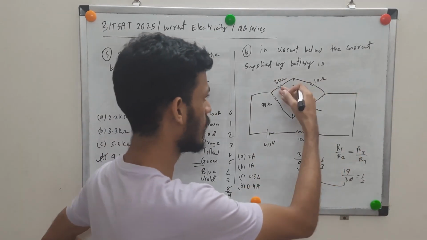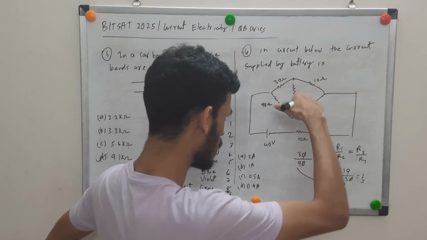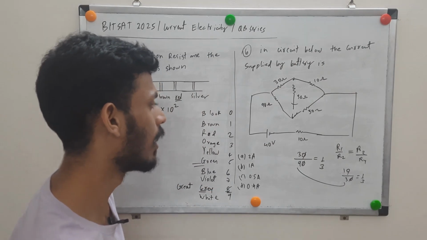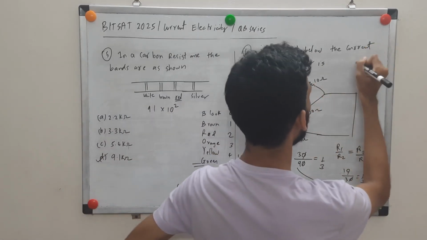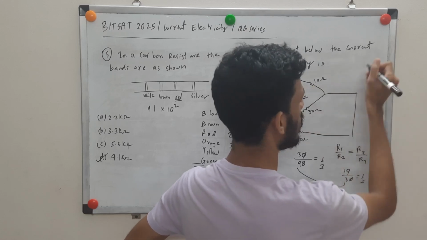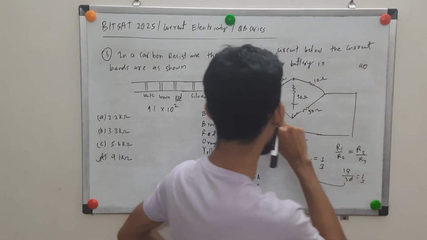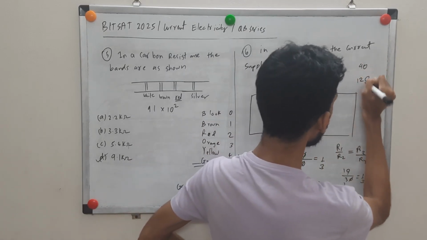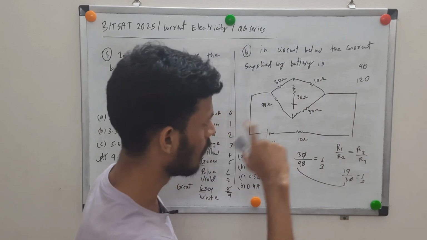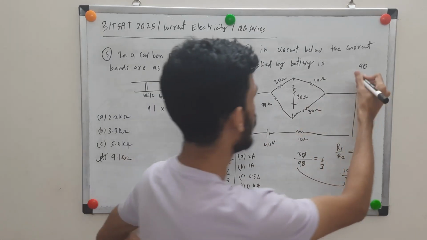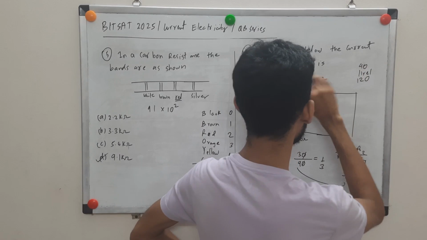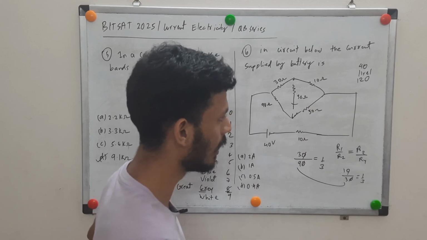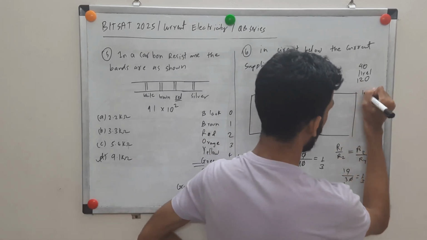Now the circuit is very simple, right? These two are in series, these two are in series, and then they are in parallel, right? So again, you'll see the equivalent will come out to be the average. So 30 plus 10, they are in series, 40, and this plus this, that is 120. These two are in parallel, right? So 40 parallel with 120. What is that? Product upon sum.